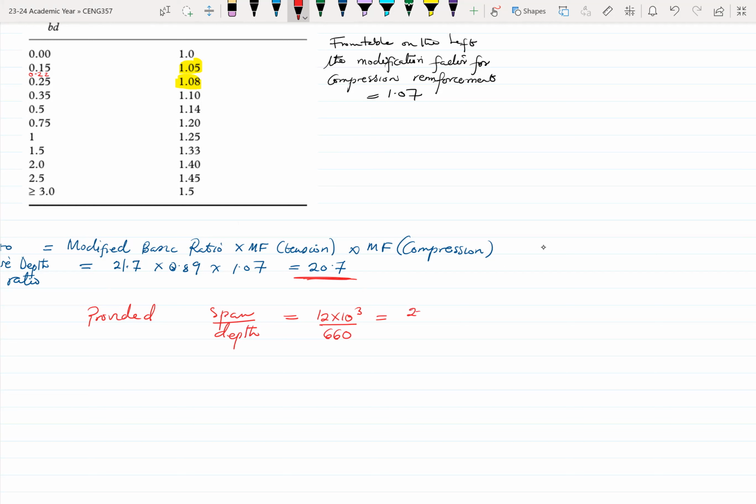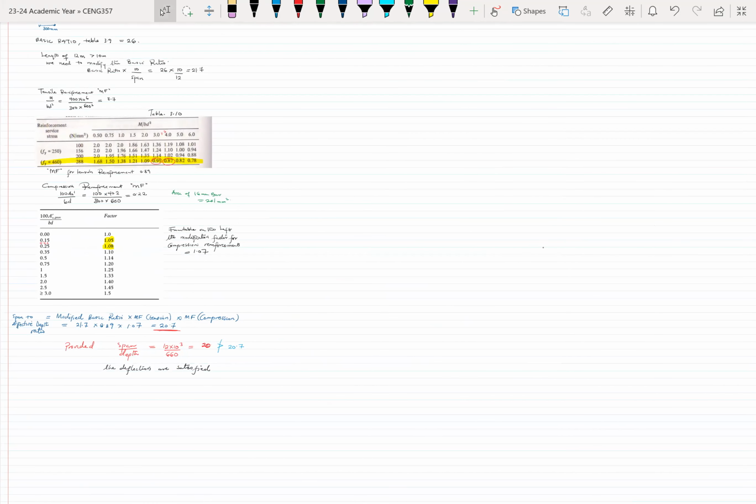So this will give us 20, I believe. So since 20 is not greater than 20.7, we can say that the deflection requirements are satisfied. So this is, in simple terms, how we determine all of that.